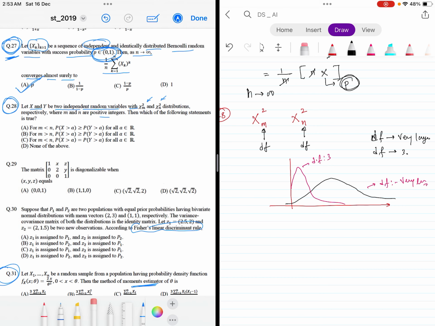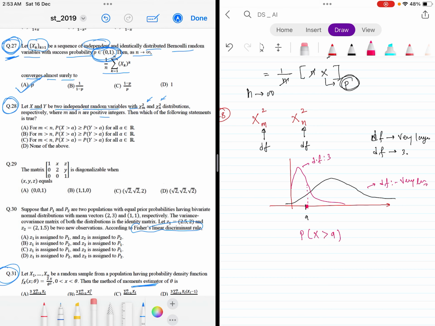So from here what we conclude is that if you take any point, let's say you take any point a here, right? So this point is a. Now you will have to find the probability where the random variable x is taking a value greater than a.